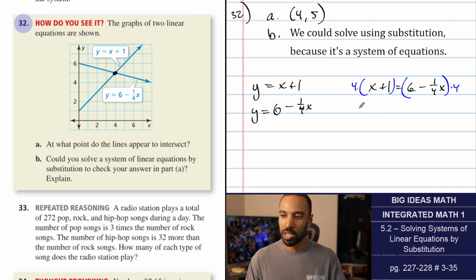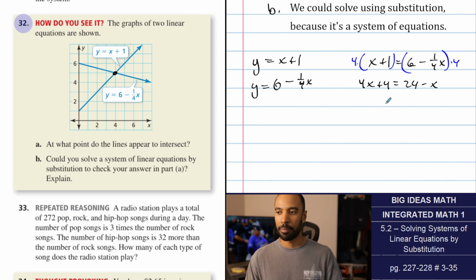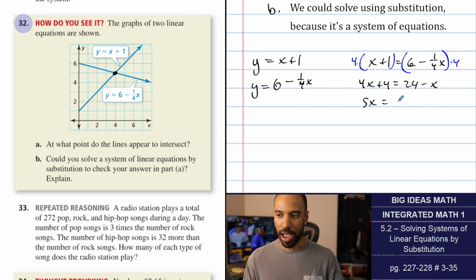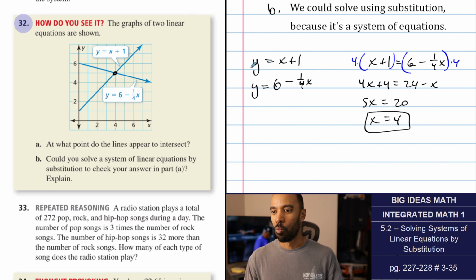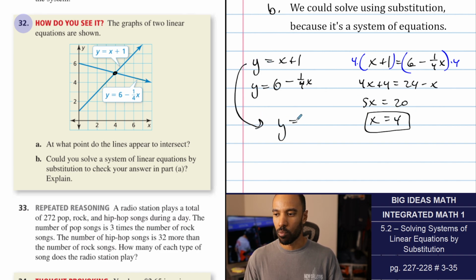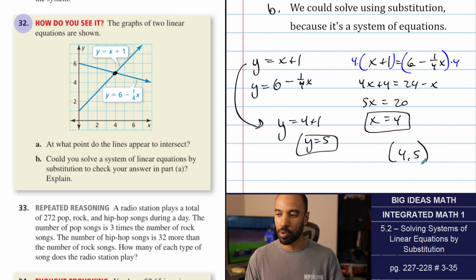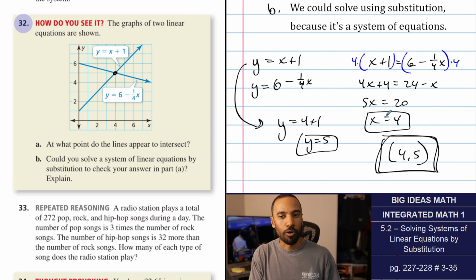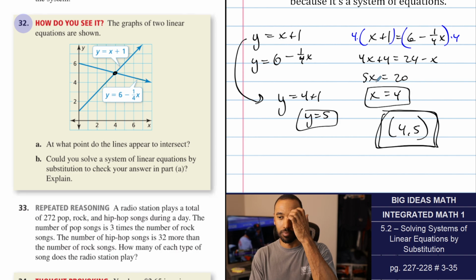I don't want you to be confused. So that's 4x plus 4 equals 24 minus x. Now I'm going to add x over, subtract 4 over, divide by 5. You get x equals 4. y is x plus 1. y is 4 plus 1. y is 5. And that is (4, 5). Could I do it? Yes. How do I know? Because I just did it. It's done. (4, 5). Did I get it? Yeah, (4, 5). Okay. All right.